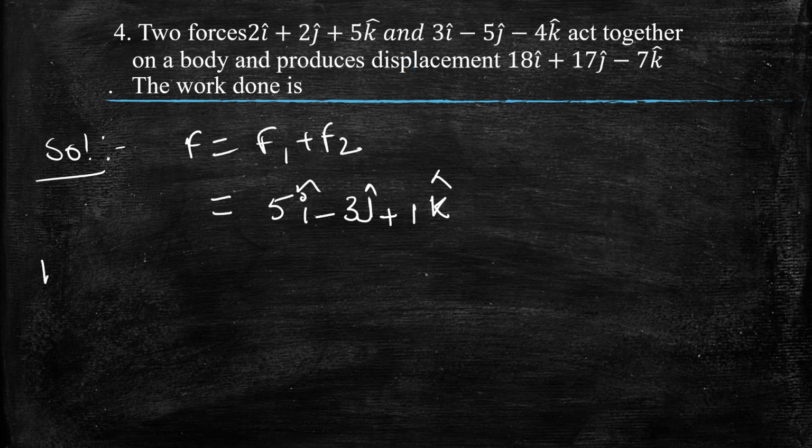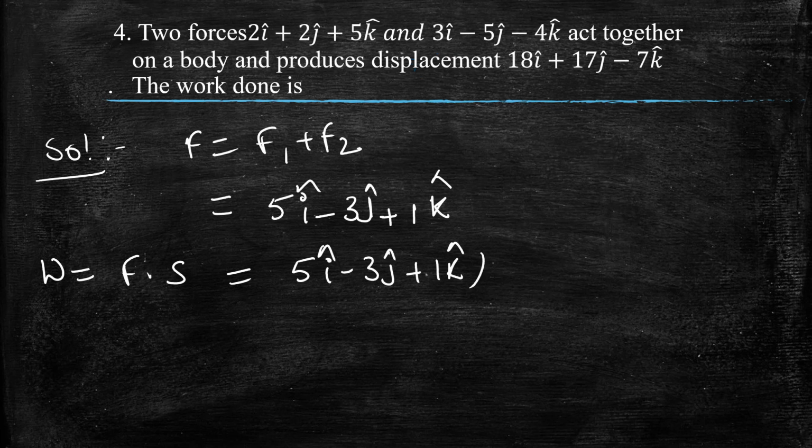Now work done W is equal to F dot S, that is equal to 5 i cap minus 3 j cap plus k cap, dot product of displacement, given displacement is 18 i cap plus 17 j cap minus 7 k cap.